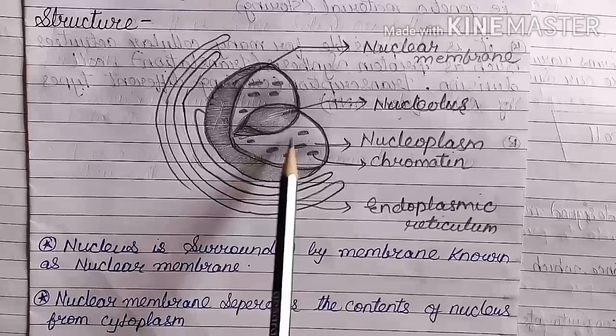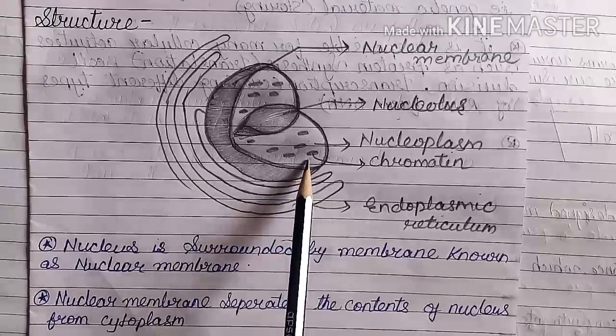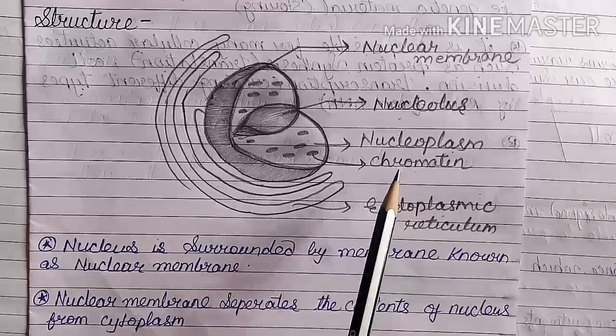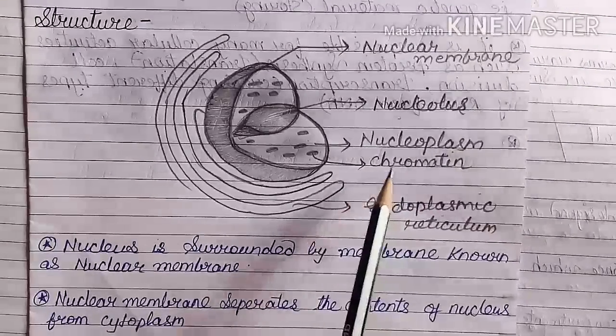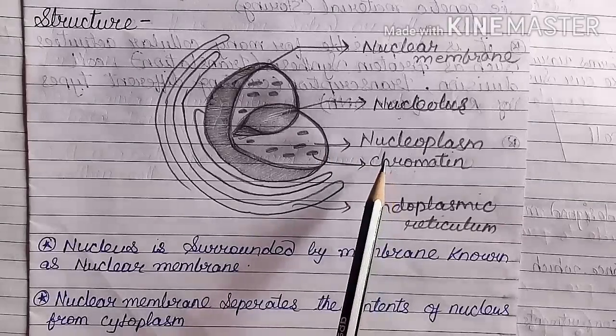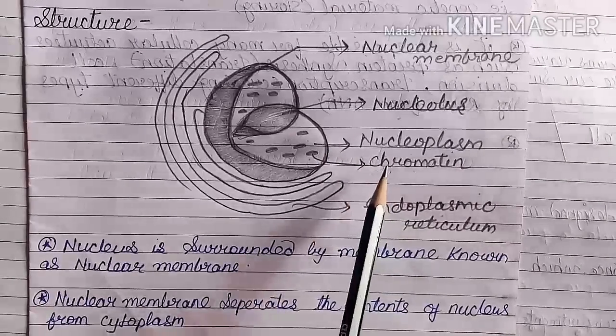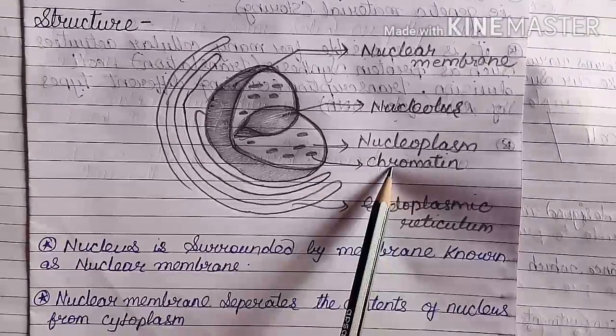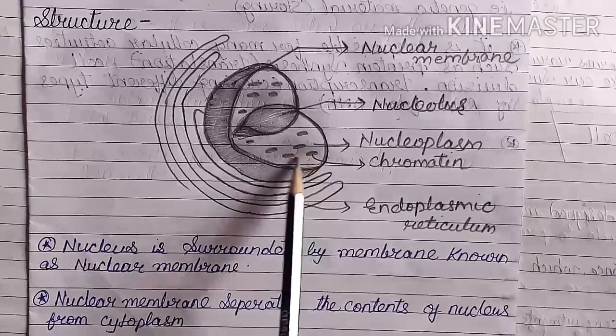Also in this nucleoplasm there is the chromatin material. What is chromatin material? The chromatin material is the material which carries our genetic material, as in the definition we have already learned that nucleus contains our genetic material. So in the form of chromatin material it has our genetic material.